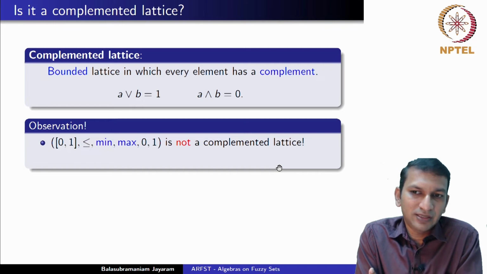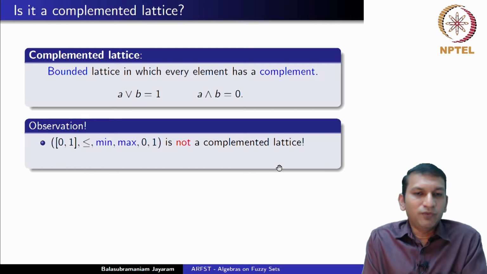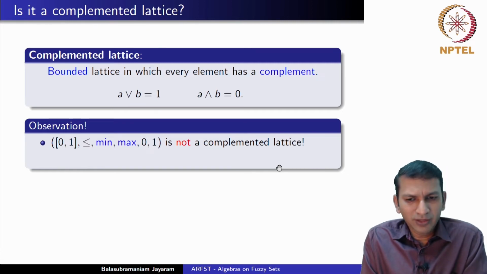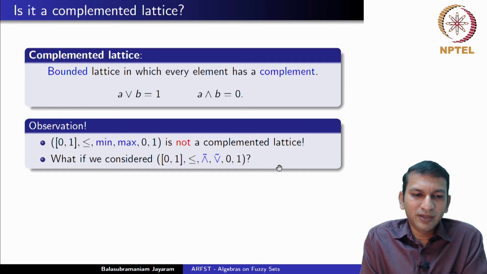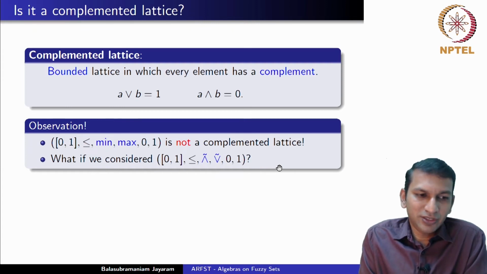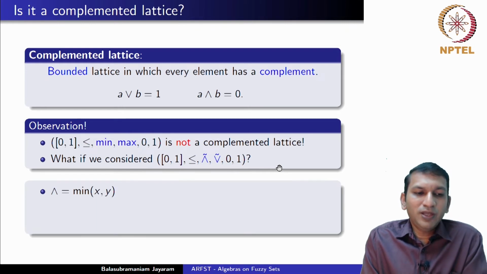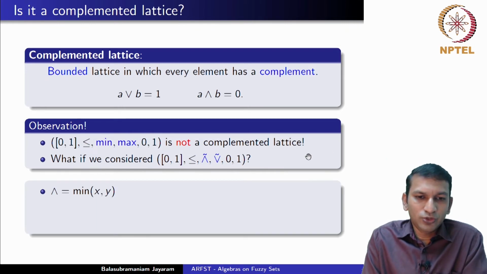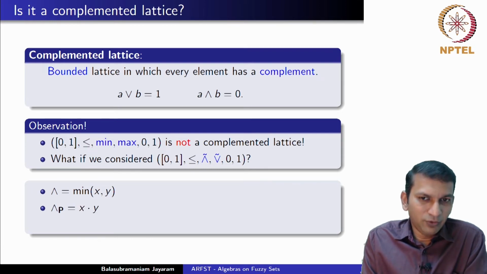0 and 1, yes, they are complements of each other. So now, where does this leave us? Well, not all is lost. Why not consider other interpretations of conjunction and disjunction? What are the interpretations that we have known so far? We know min, we have looked into it.